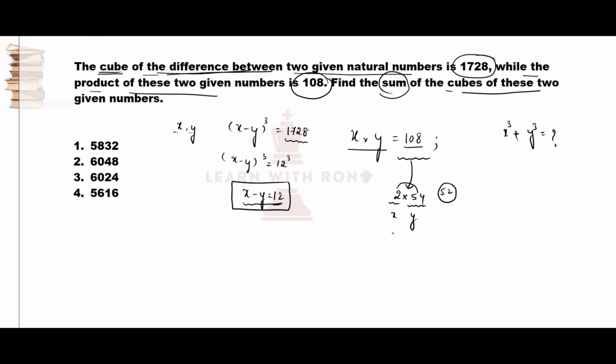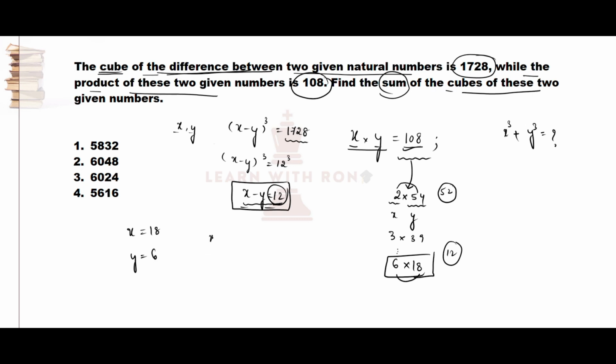So if you go on like this, like 3 times 36 and so on, you will find a pair like 6 times 18 where it satisfies both conditions, product of x and y as 108 and difference x minus y as 12. See here, 18 minus 6, how much? 12. So from this x value is 18 and y value is 6. That's why I said trial and error method.